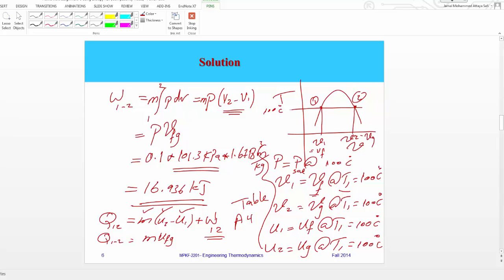You can also read it immediately in some tables. Plus work 1 to 2.